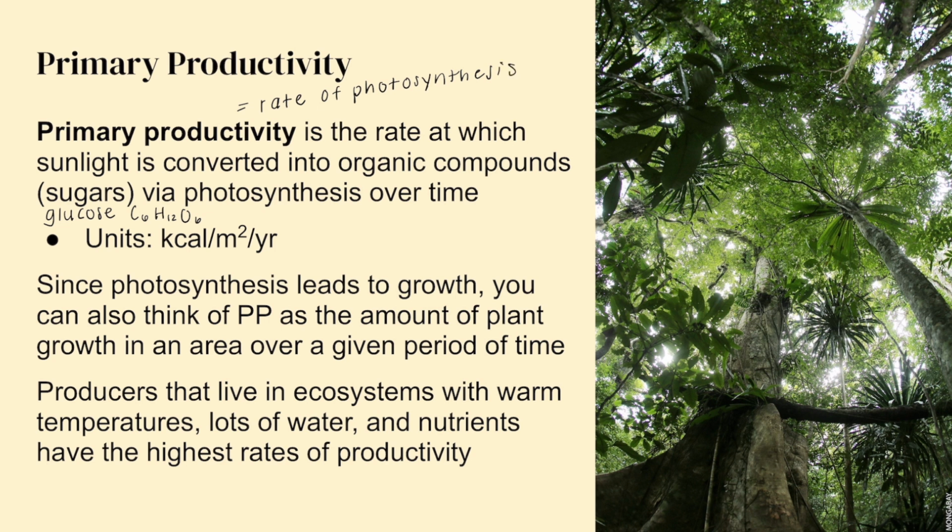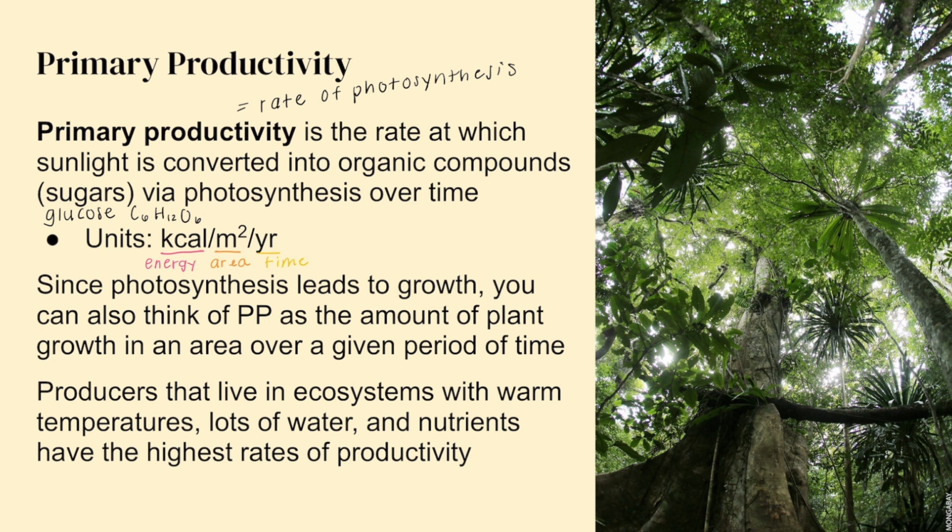This is by producers in a given area in a given time. So with that, the units for primary productivity, we have kilocalories per meter squared per year. So this is the energy unit. This is our area. So how much energy is converted into sugars in a given area over a given period of time. So that's kind of the breakdown of the units.